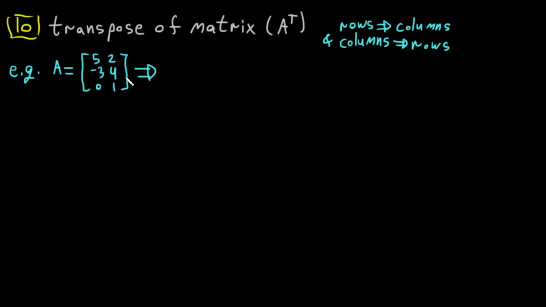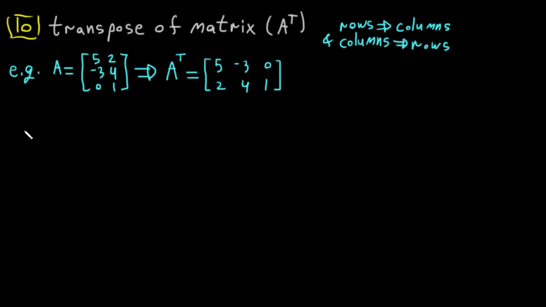The symbol of transpose looks like this: A transpose, with a T. A transpose equals, we have to swap the rows with columns. So this row becomes a column: 5, 2. The same here, this row becomes a column: -3, 4. This row becomes a column: 0, 1.